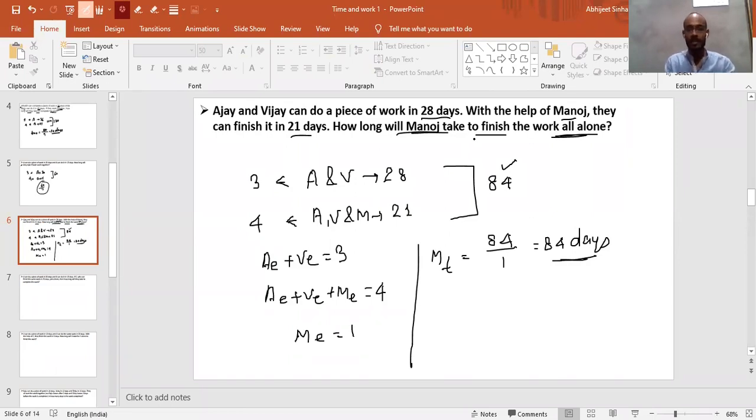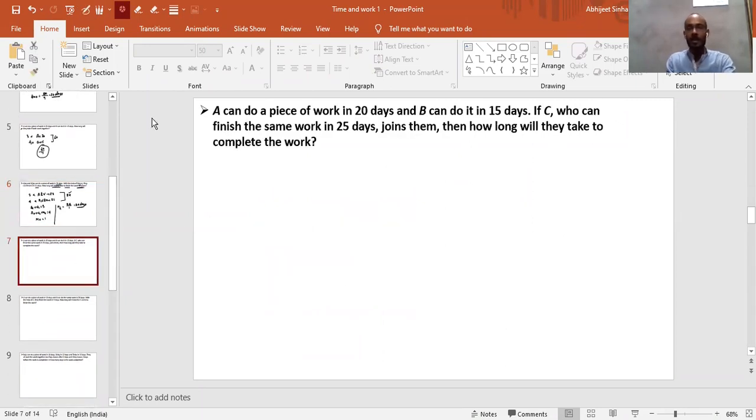I hope you are getting this, right? Okay, so now moving to the next question. A can do a piece of work in 20 days. The time of B is also given, that B can do it in 15 days.